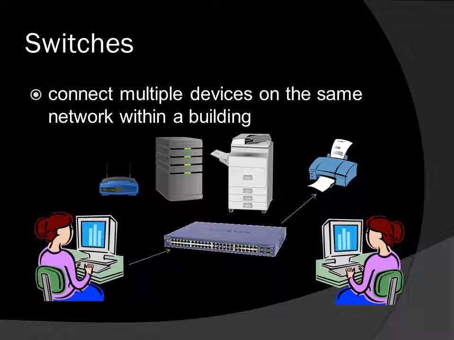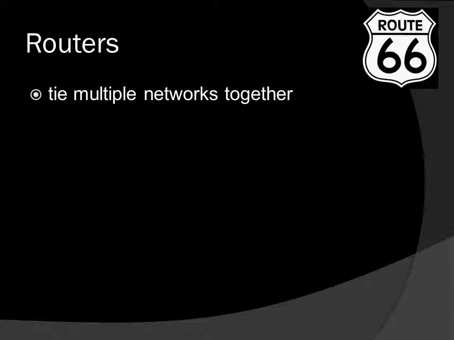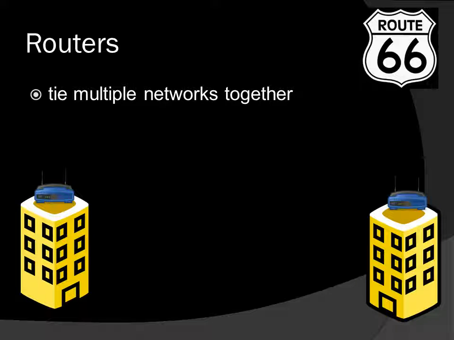Also among these devices that a switch is connected to is the router itself. And the router, as I said, is what ties multiple networks together. When you have these networks created, a couple computers, a couple printers, and you want to talk to another network, say in this example we have two different buildings, say one is the College Station location and one is the Bryan location.